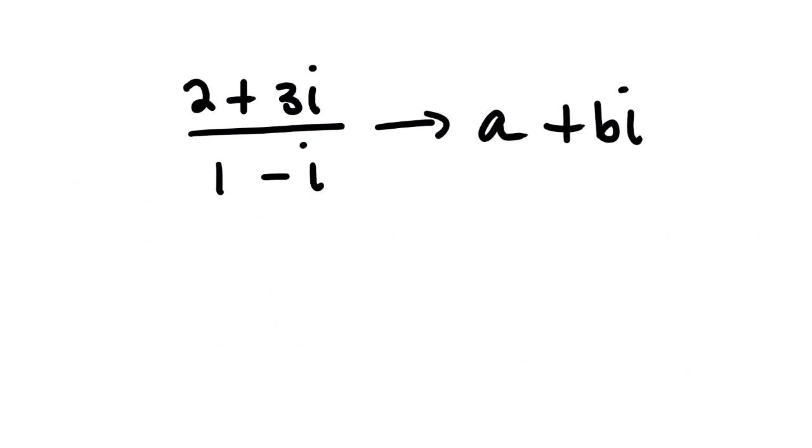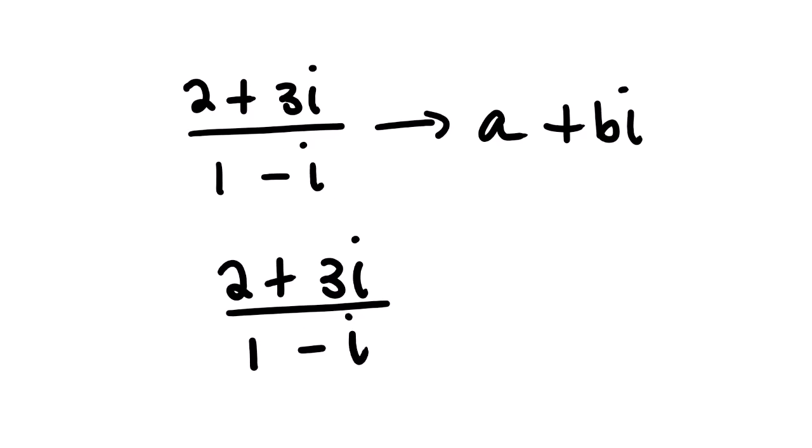Let's say you are given this fraction and then the question says write this in this form. Now the first step that we need to do, we just focus on the denominator. After focusing on the denominator, we are going to multiply this term using the conjugate complex number of this denominator.